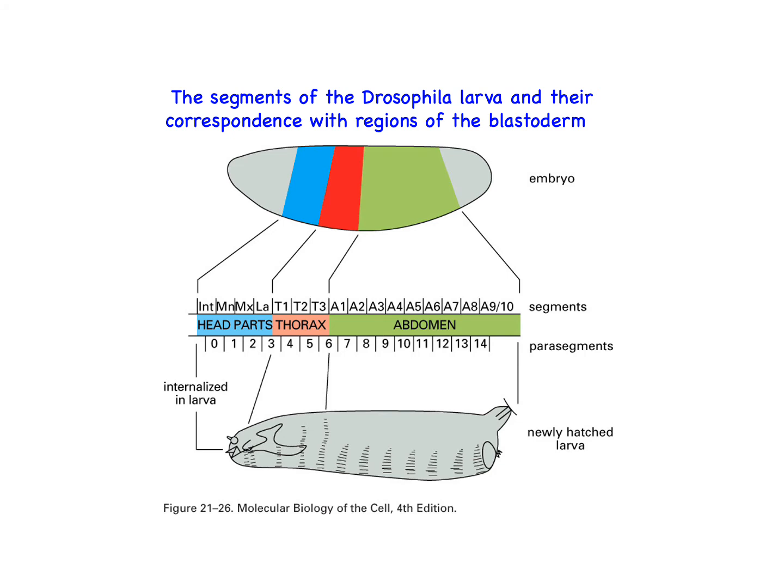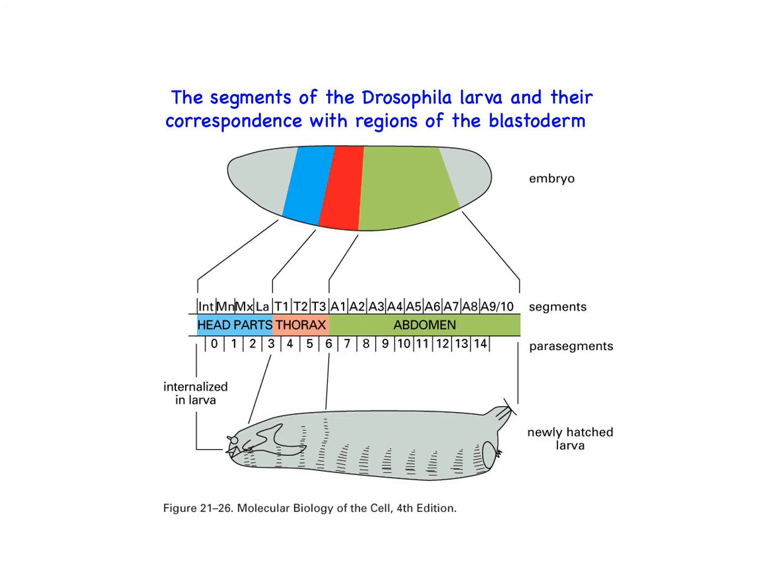And so there are 14 segments in the fly. And it turns out that actually the developmental unit for the fly is halfway between the segment, what we identify morphologically as a segment. And so those have been termed parasegments.